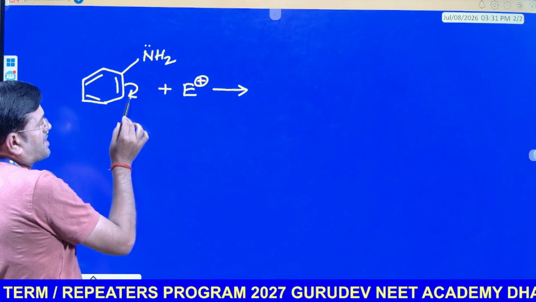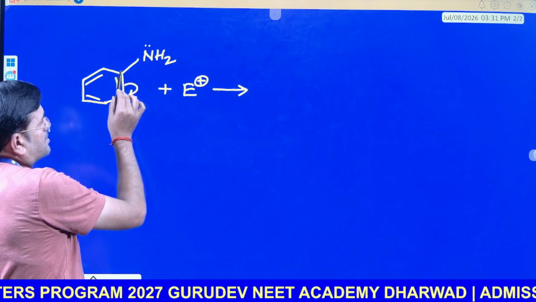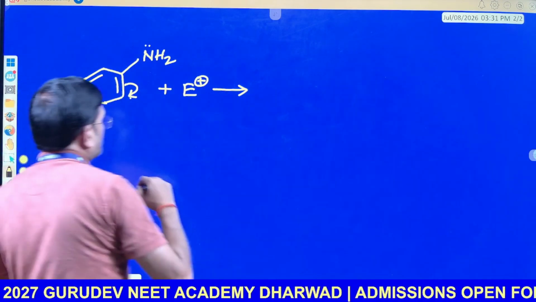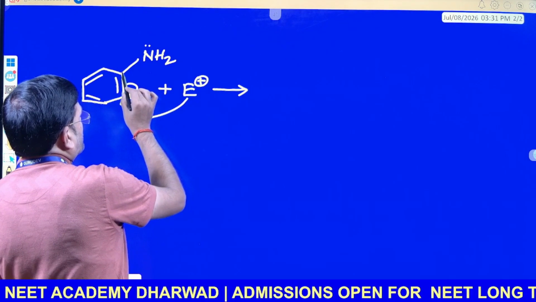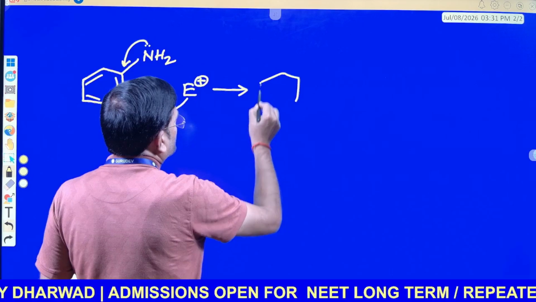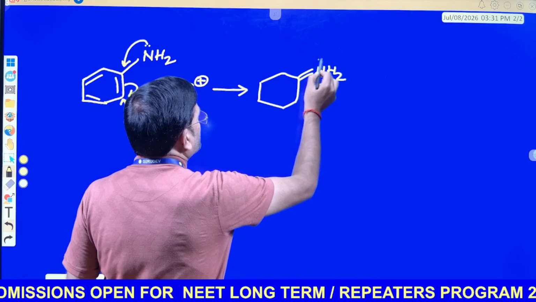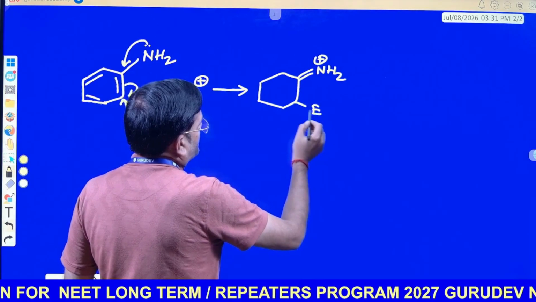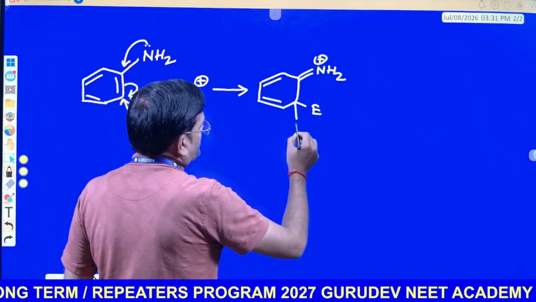As soon as this bond is clipped this way, positive charge is developed here and negative charge is developed here. So what happens actually? This attacks here, and as soon as the positive charge is developed here, this lone pair involves in bonding. So we are having this NH2, since one electron is being involved, it will have positive charge and electrophile will come here. And hydrogen is also here.